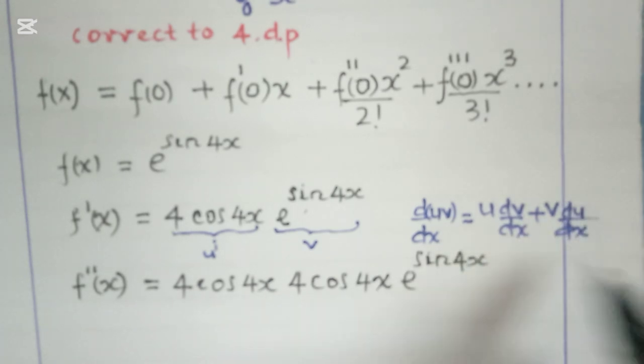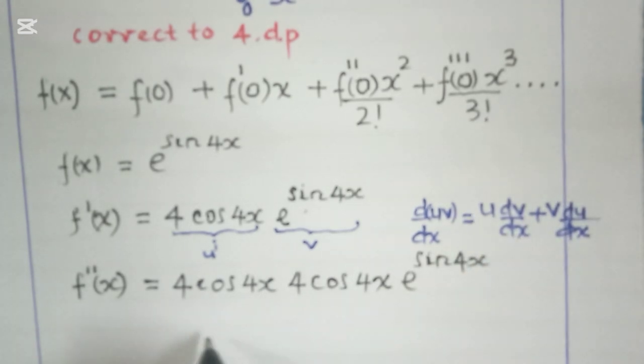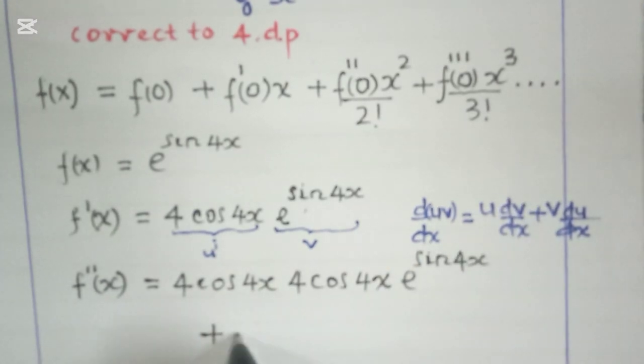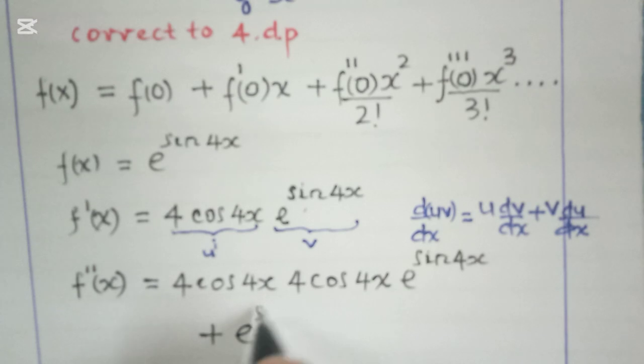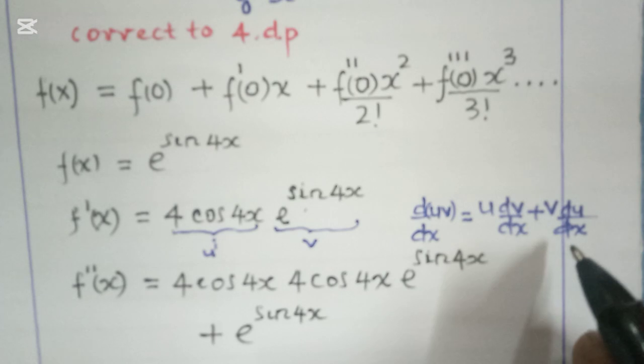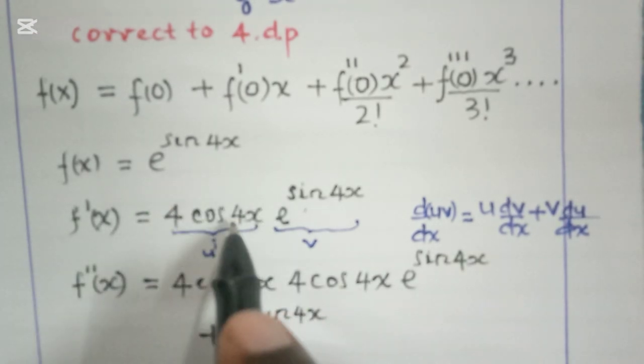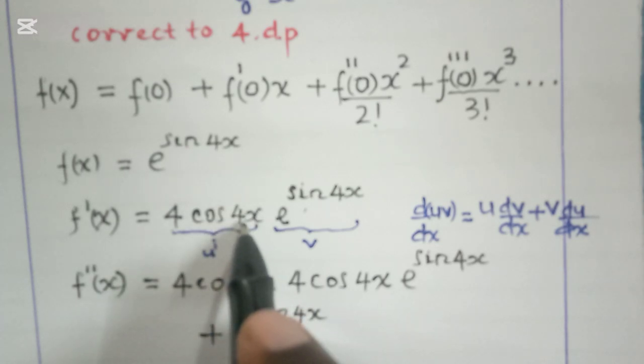Then we come to this. So that one will be plus. Now I write v. The v is e raised to sine 4x. Then I differentiate du/dx. Now I'm going to differentiate this. If I differentiate this, I first of all differentiate 4x, which is 4.